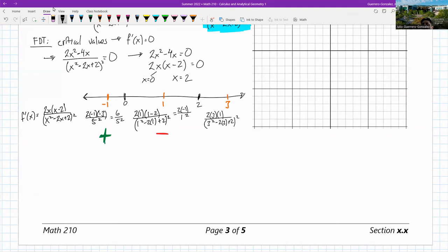So this is going to be 6 over 5 squared. Positive.